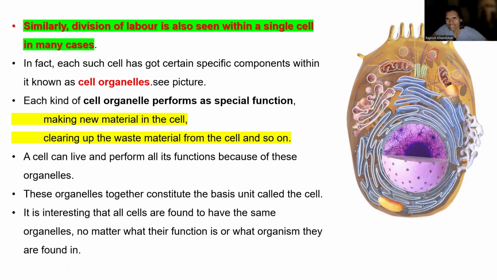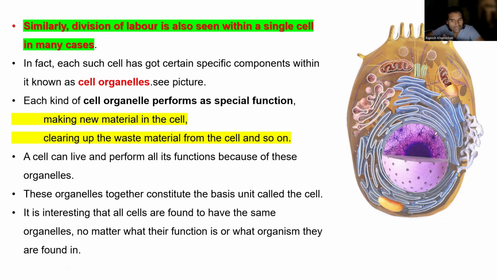They are also vesicles. Do you recognize this structure? It is the Golgi body. So you can see Golgi body, ER, mitochondria, vesicle, this is the centriole, this is the nucleus. These structures present within the cell are known as cell organelles.